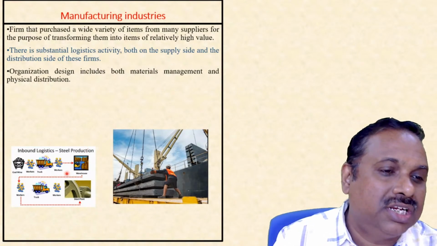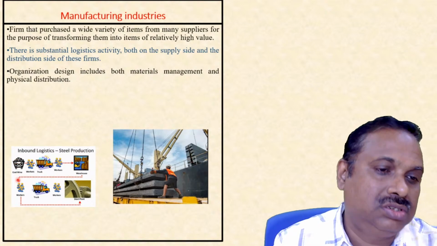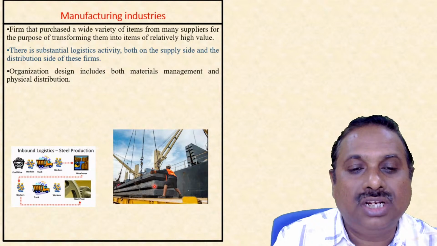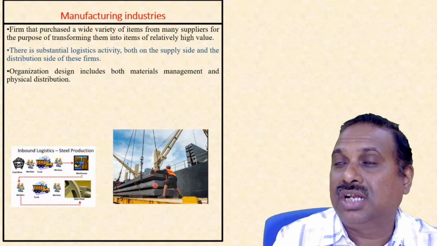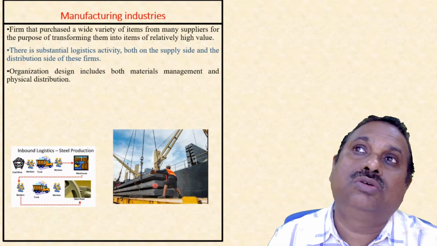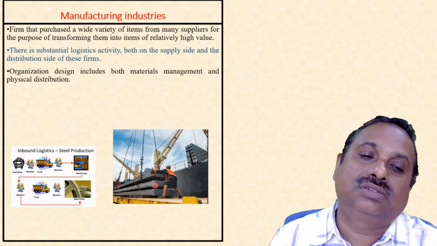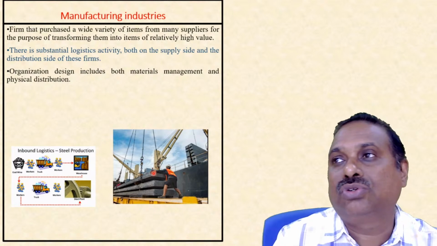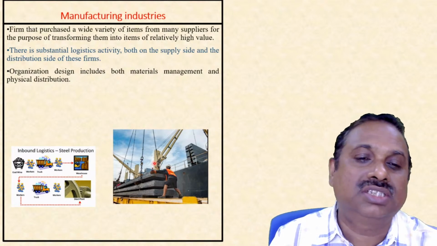Suppose, for steel you need coal and iron ore, right? And the output of steel is also very bulky, and if you are exporting steel, the only mode is ship, shipways, right? You can see this.